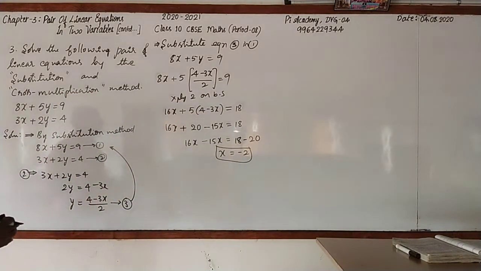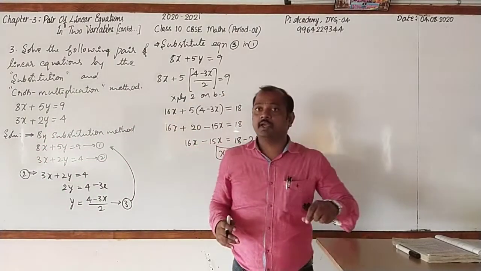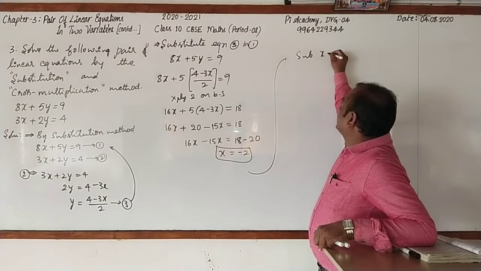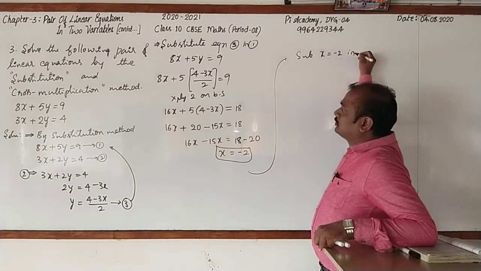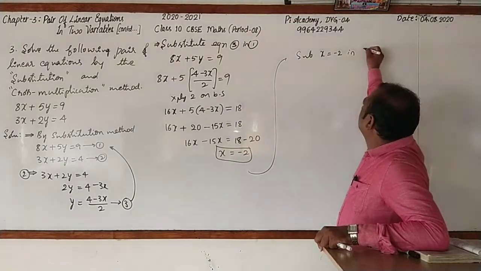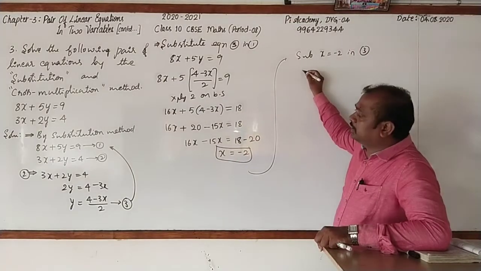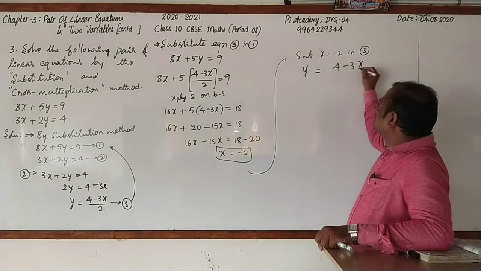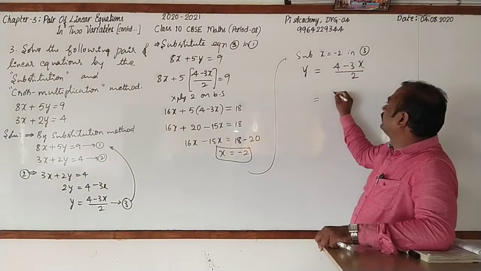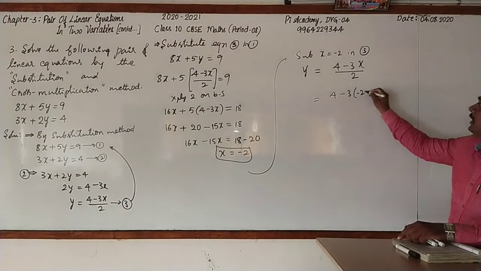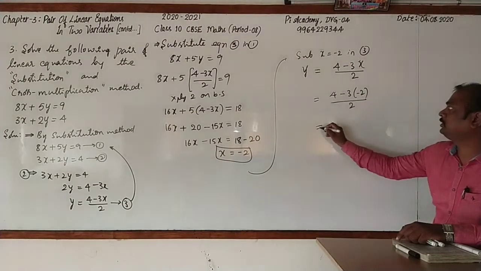After getting the value of x, we have to find the value of y. So substitute x equal to minus 2 in the third equation, because we can get y directly in 3. Then equation 3 is y equal to 4 minus 3x by 2. 4 minus 3 into what is x? x is minus 2, all divided by 2.